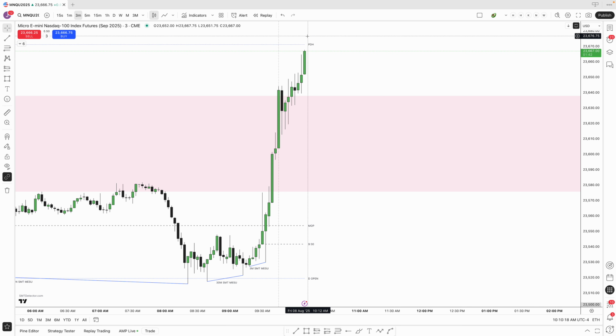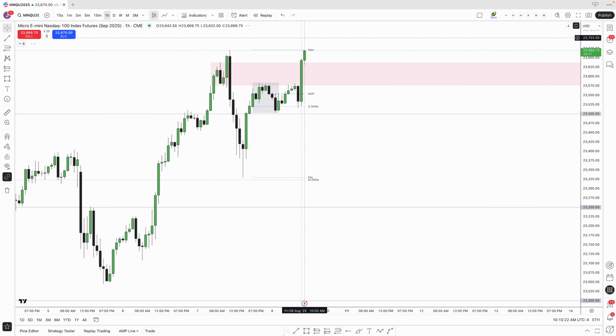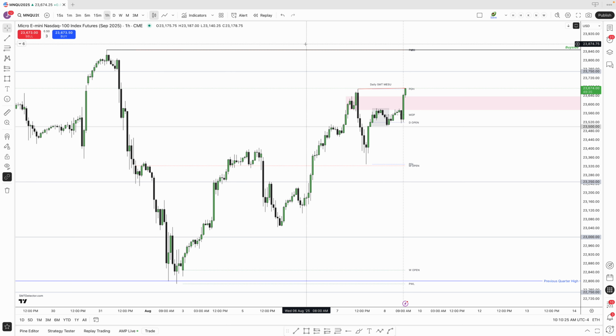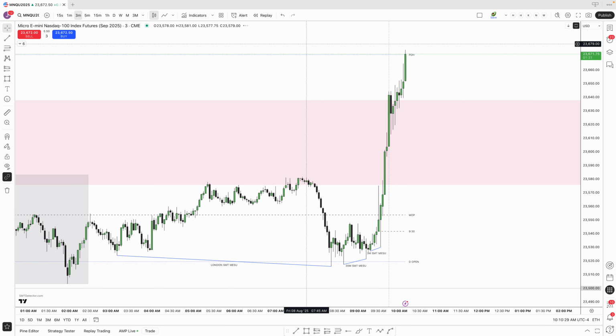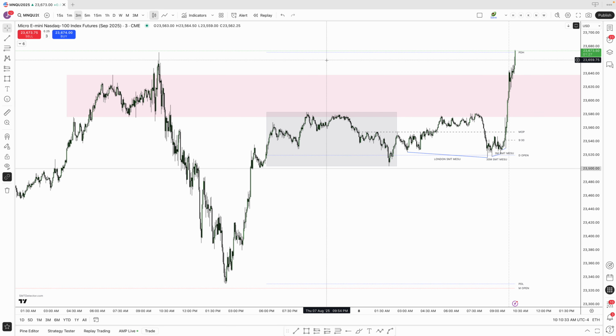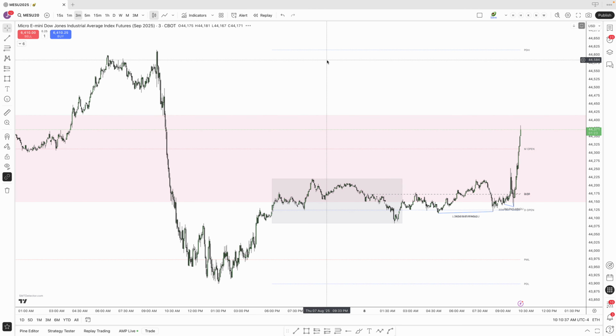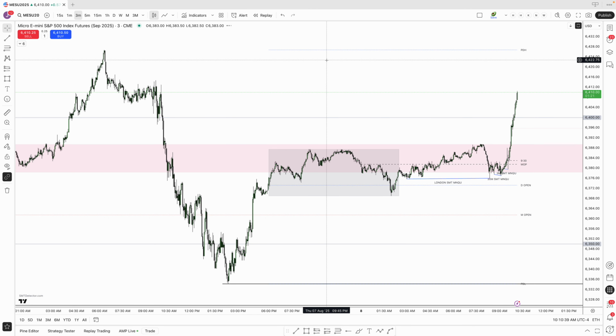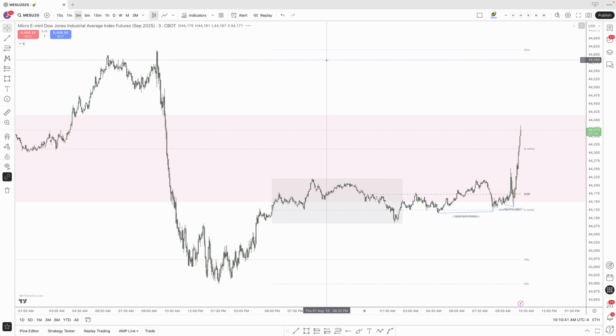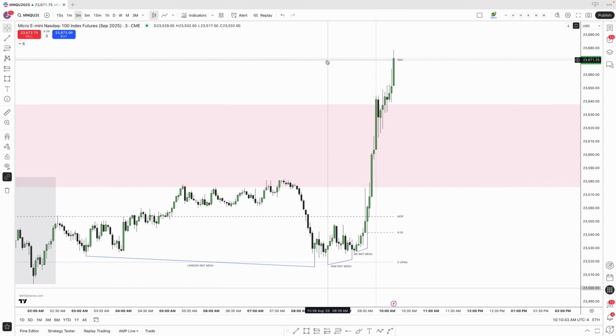Sometimes you don't get it, but it would be worth it to me. Okay, there it is. Daily SMT. And if you look, ES and NQ, YM quite a ways behind. So that's significant in my eyes.